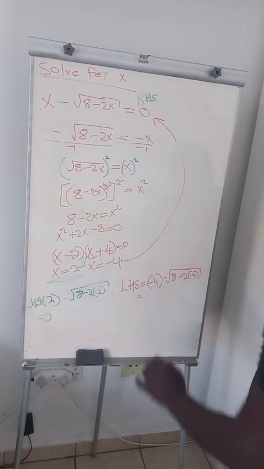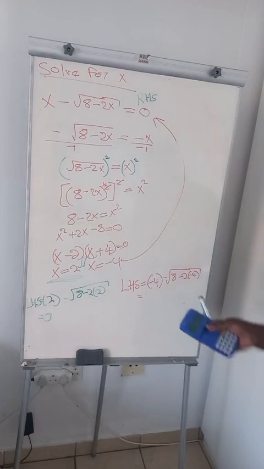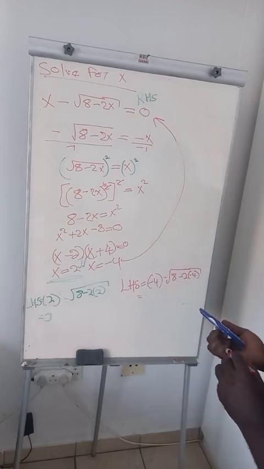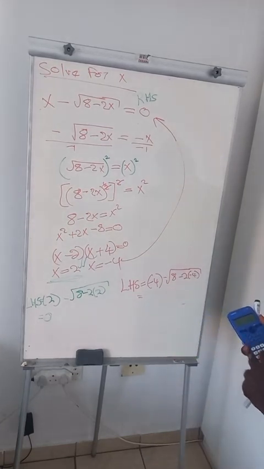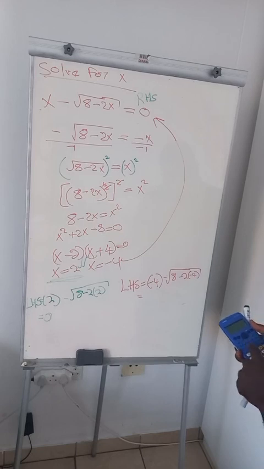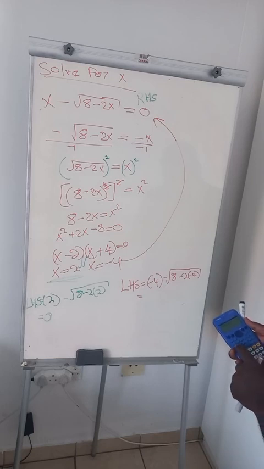Just do this with a calculator maybe. This will give you negative 4, then minus the square root of 8 minus 2 into negative 4.